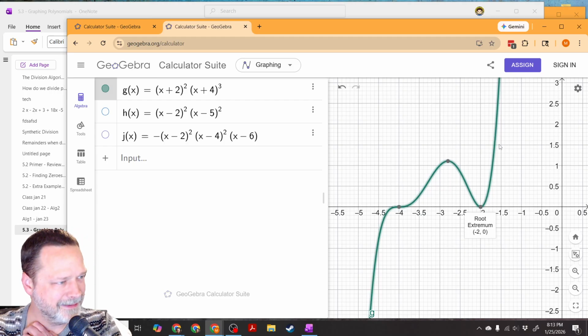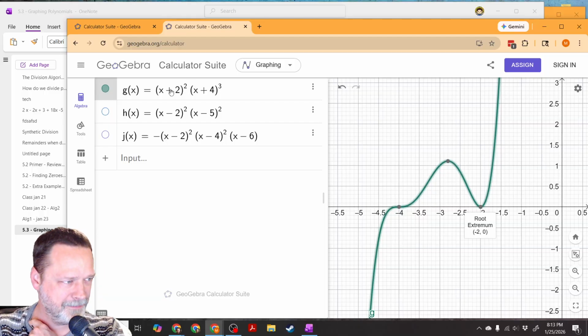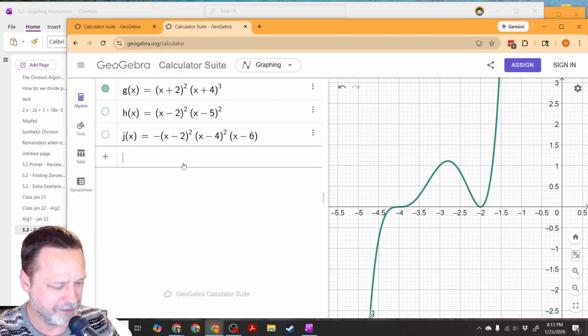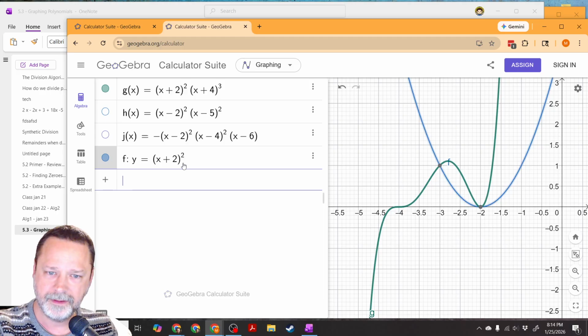Now, why does it do that? After you play around with these a little bit, you kind of realize that near this root, it behaves much like the power on the root, the multiplicity. So if it's squared, this is going to look like a parabola, just like x plus 2 squared. If you had just x plus 2 squared, for instance, here we go, right?